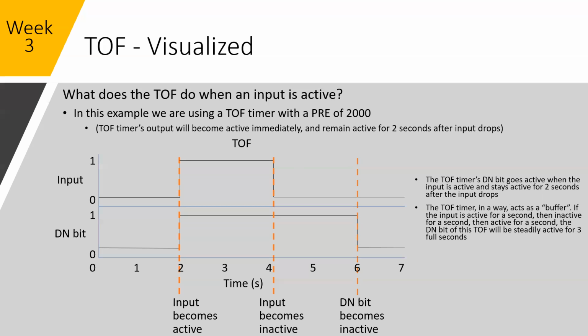This is used sometimes if you have push buttons that you want to hold. As soon as you press the button, you want something to happen immediately, but you also want to give some time once the button's been released before a cylinder backs off.